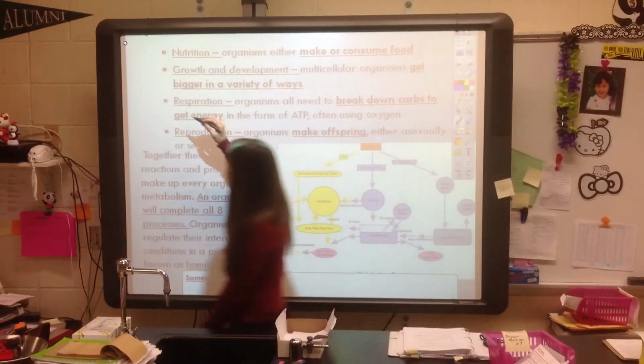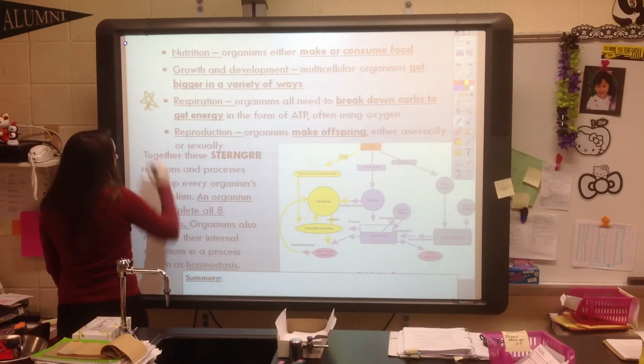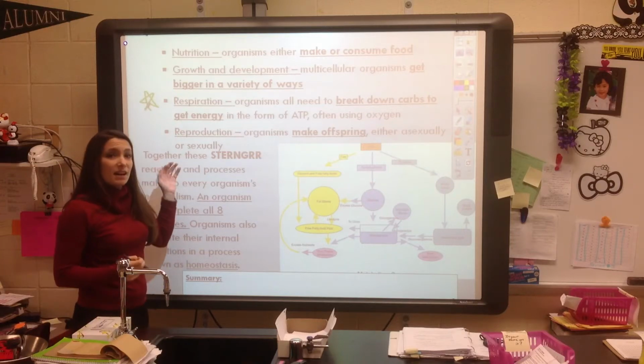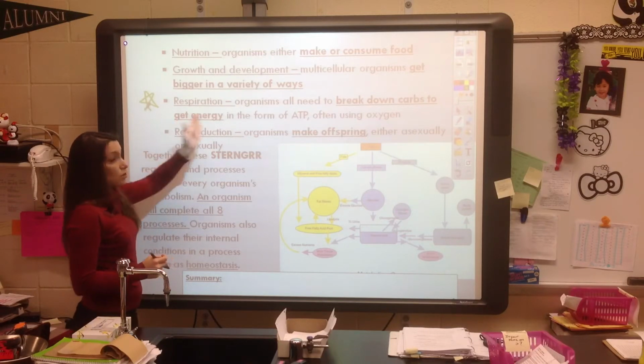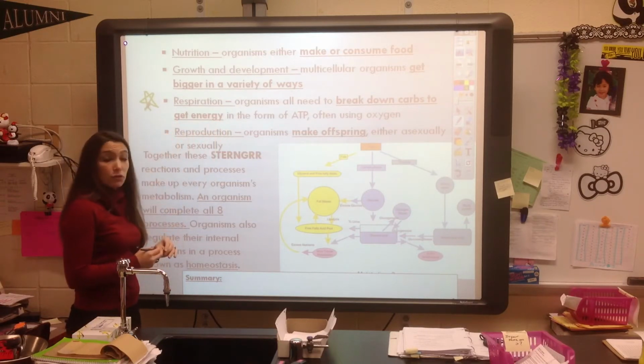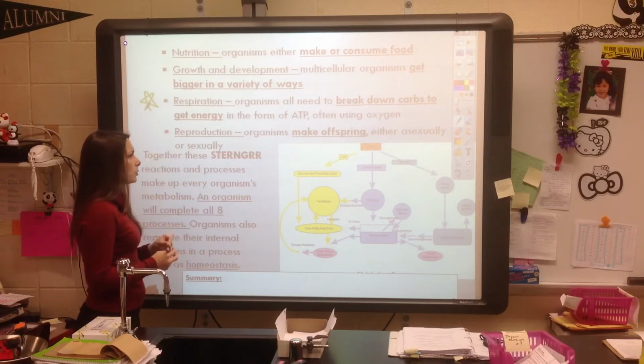I want you to put a big star by this one, because respiration is not just breathing. The reason you breathe is purposeful. You need oxygen, usually, to break down your food. And then reproduction, which is to make more offspring.